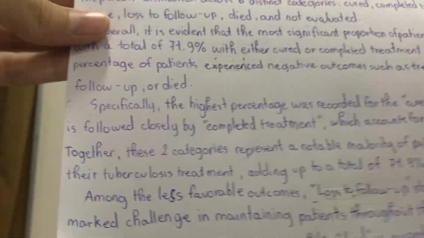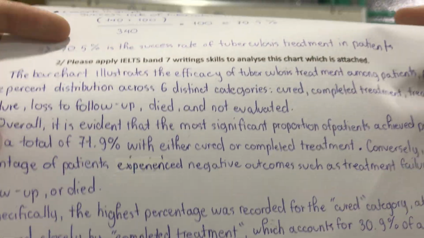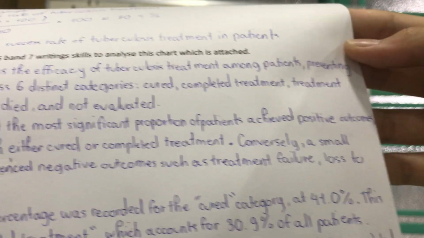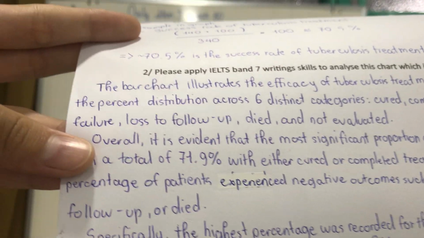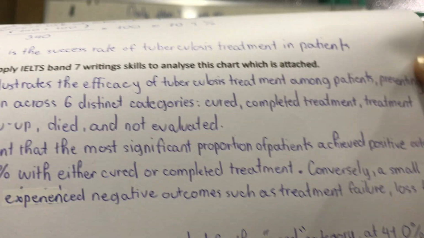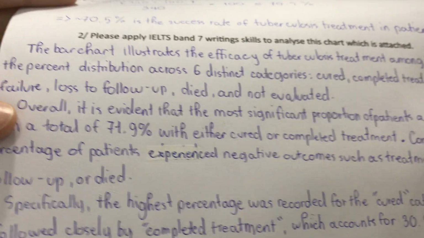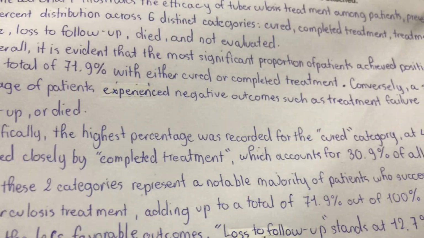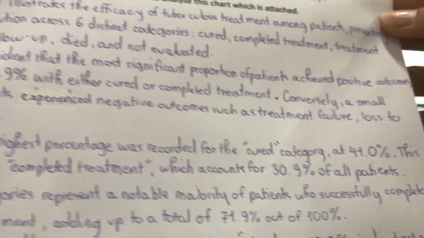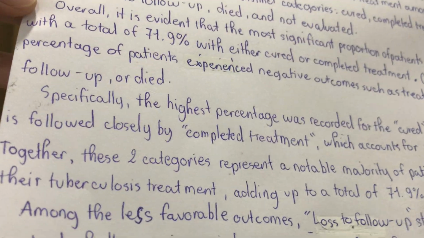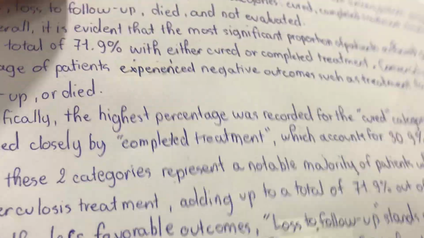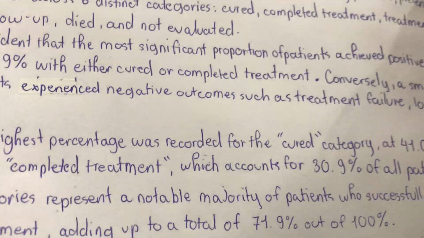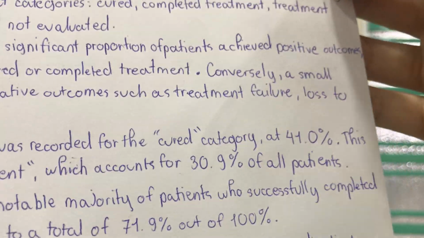Now, problem 2, the bar chart illustrates the efficacy of tuberculosis treatment among patients, presenting the percent distribution across 6 distinct categories: cured, completed treatment, treatment failure, lost to follow-up, died, and not evaluated. Overall, it is evident that the most significant proportion of patients achieved positive outcome with a total of 71.9%, which either cured or completed treatment.